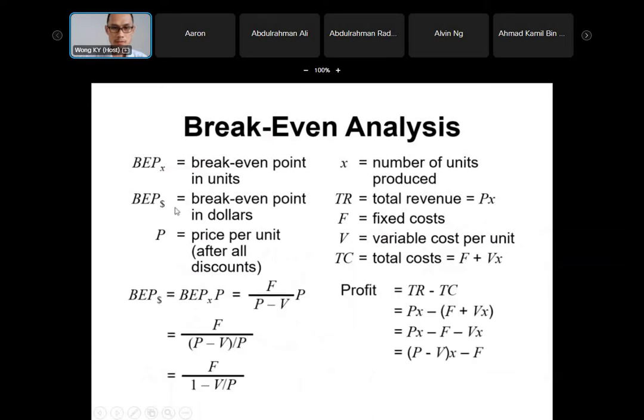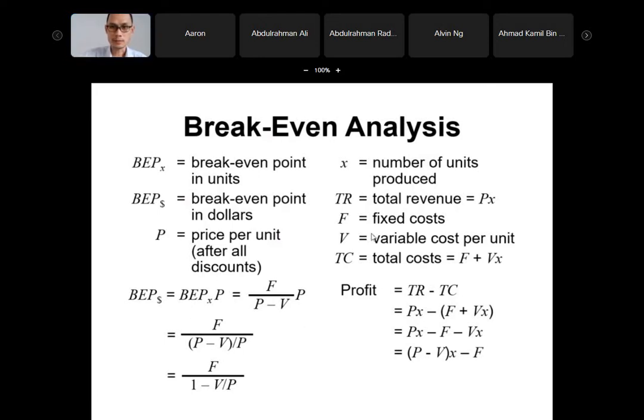So the way to calculate BEP dollar, the break-even point in dollars, is the break-even point in units, the production quantity, times P, the price per unit or the slope of the revenue line.